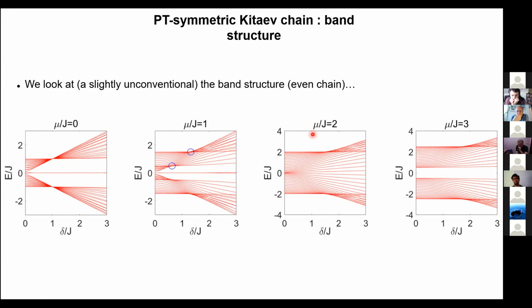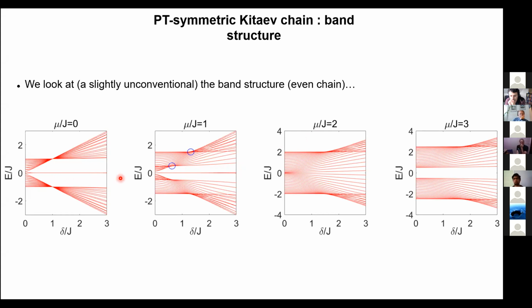Now, conventionally, you would see the band structure as the energy versus mu, which is the on-site potential, and delta over J is considered as 1. And then you claim that it has topological features wherein you see these zero energy states, which are localized on the edges, which is what the Kitaev chain is actually studied for, the Majorana fermions.